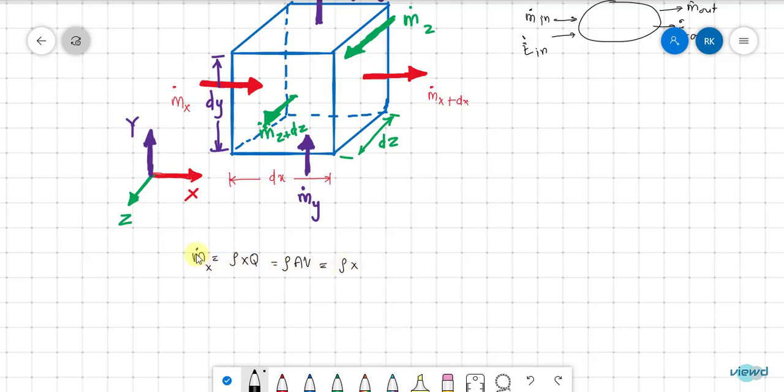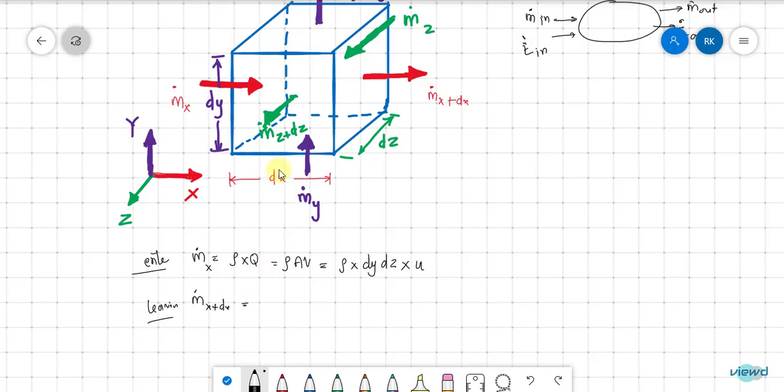Suppose I am considering m dot x, the area will be dy into dz, and the velocity with which it is entering is, suppose, u. And m dot x plus dx: this is entering, this is leaving. So mass entering, mass leaving, that will be.